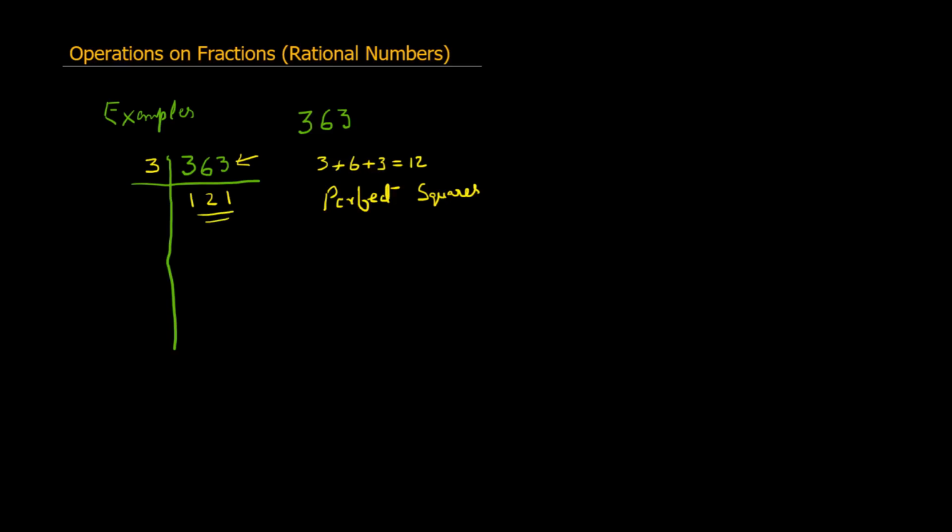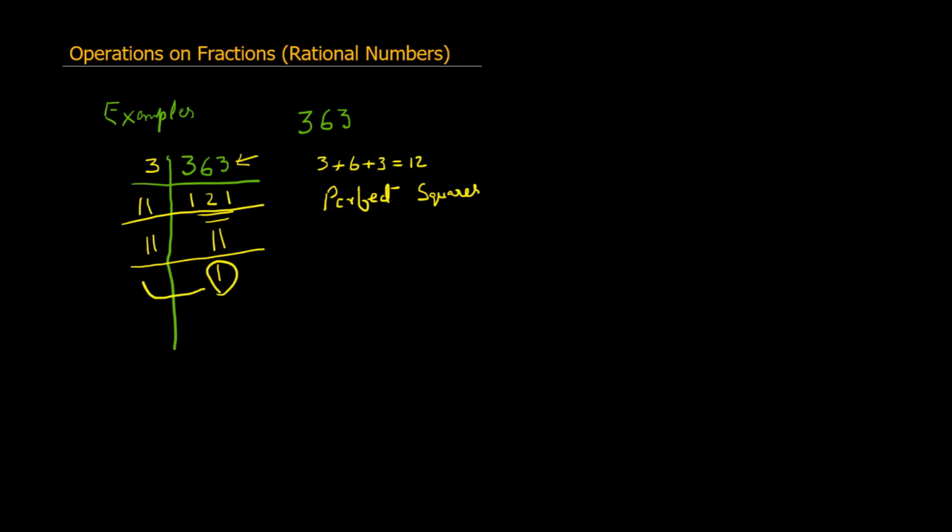So if I divide this by 11, I will get 11. And this 11 is a prime number, so it cannot be divided further except by itself. So we divide 11 by 11, we get 1. When you get 1 here, it means the number has been factorized successfully.